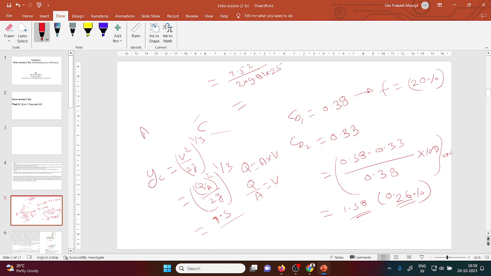If area is equal to B square, then what will happen? It will give the answer. But y becomes too big, sir. 7.5 square, 2 into 9.81 into 25, right? 25 is too large, probably too large for the depth, sir. Okay, right.